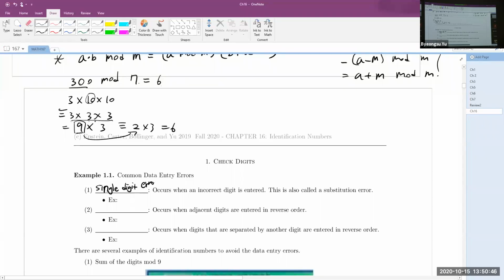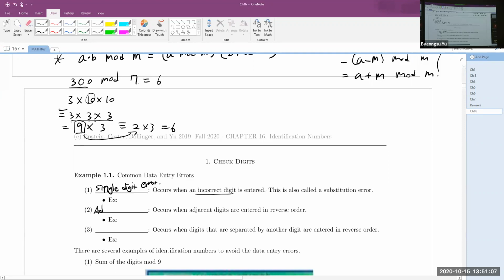Actually, you also have some experience with it. When I type my UIN, I always substitute some numbers with a different one. So it occurs when an incorrect digit is entered. This is called a substitution error.